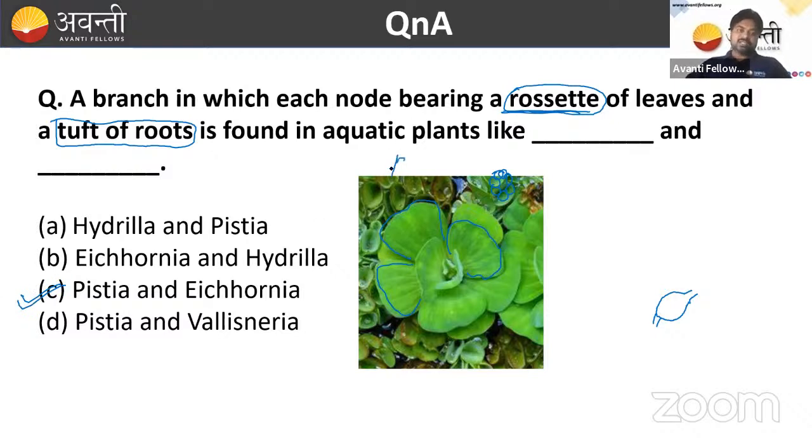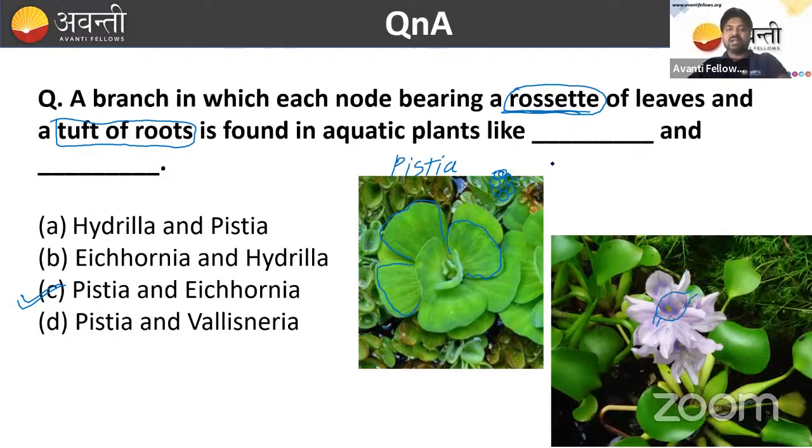This plant is Pistia, which you see in the picture, and this plant is Eichhornia. Please remember the names of these plants, as this question can be asked in the examination. So this was question number 5.